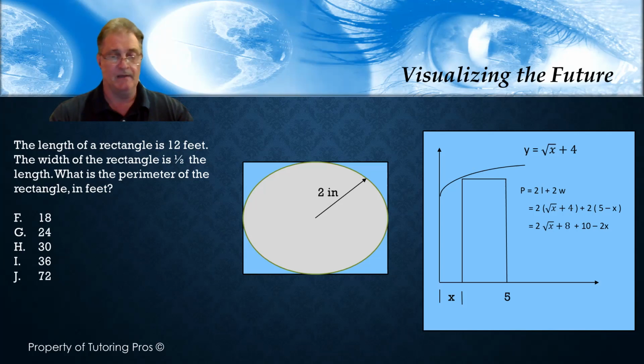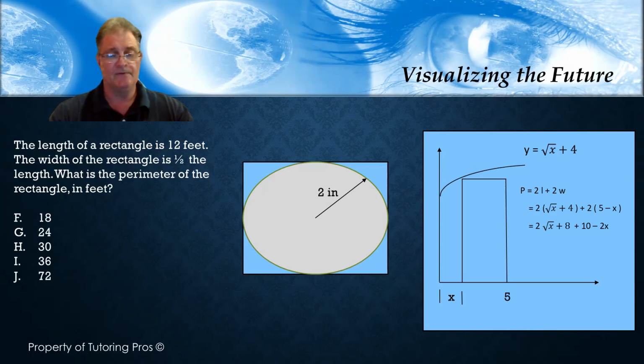Answer choice I. Now, look at the square with the circle inscribed in it. We want to know the perimeter of the square. What do we have in front of us? We have in front of us the radius of the circle being 2 inches.